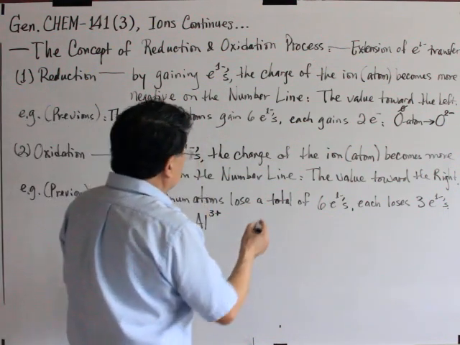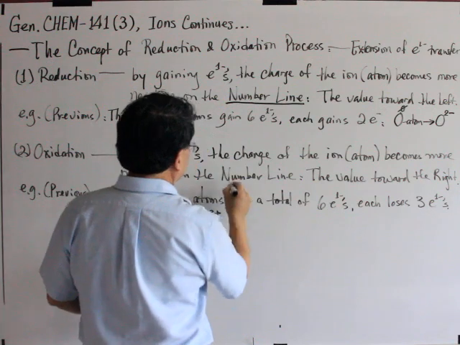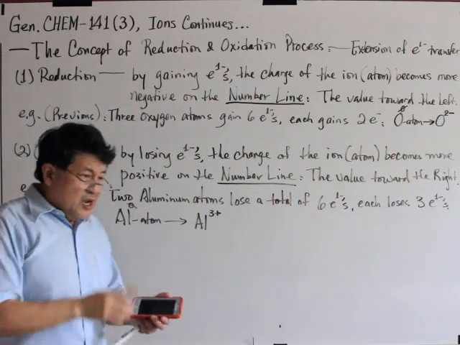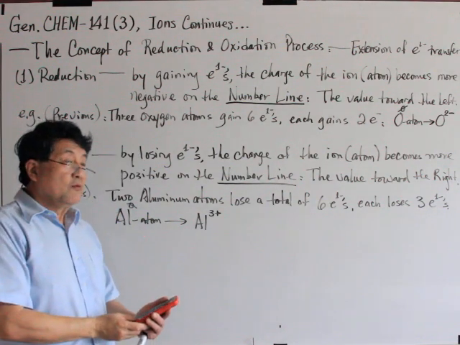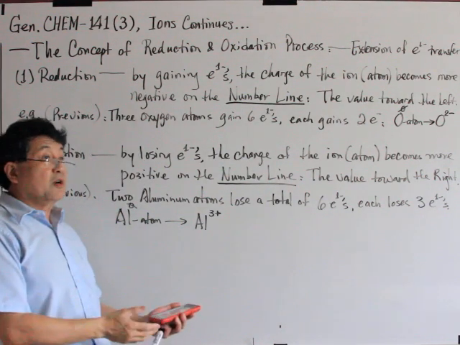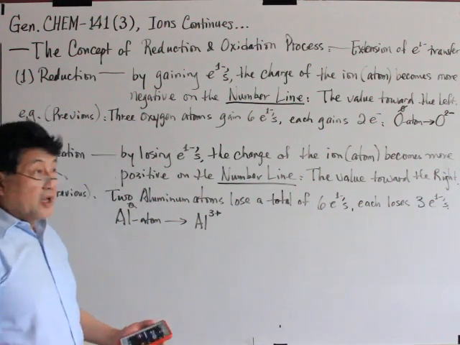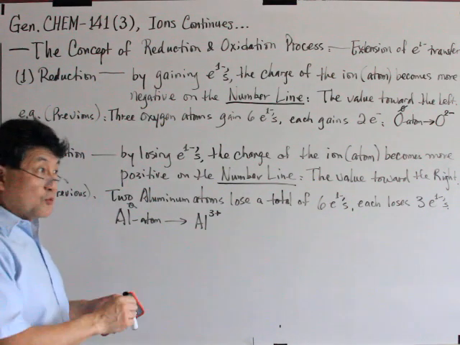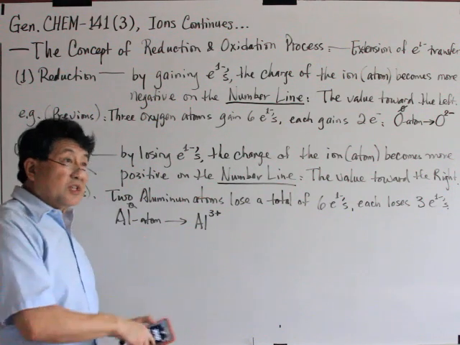Now, let's see if we are able to represent this kind of process on the number line, because we mentioned the number line. On the number line, right here. So you remember the number line. Now, let me tell you something. The number line is a tool for us to count integer numbers at the beginning of learning algebra or arithmetic, right? But the number line applies to science, especially in the general chemistry part, several places, several times.